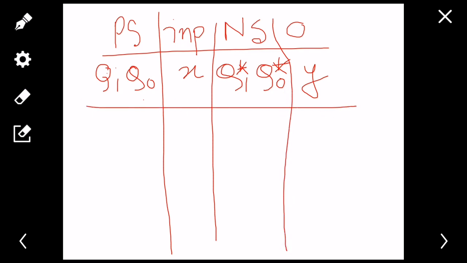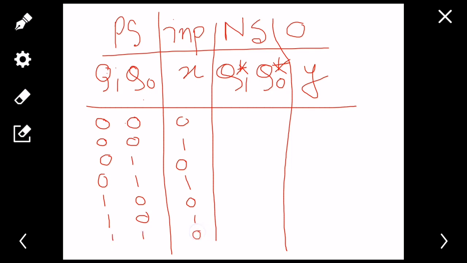I think we're good. So just fill up the q1, q0 and x using the 8 combinations as discussed before: 000, 001, 010, 011, 100, 101, 110, 111.